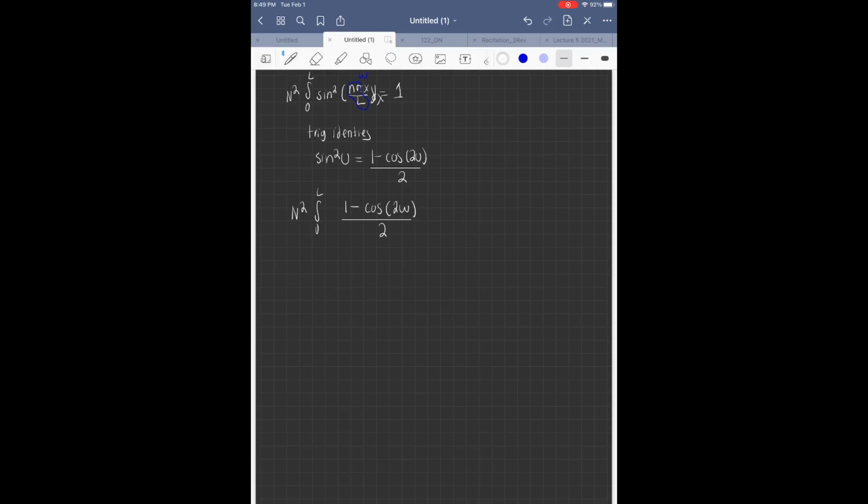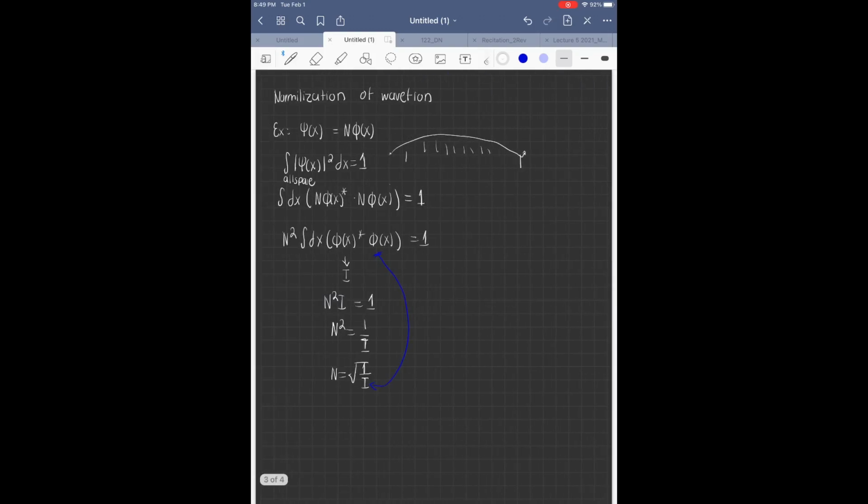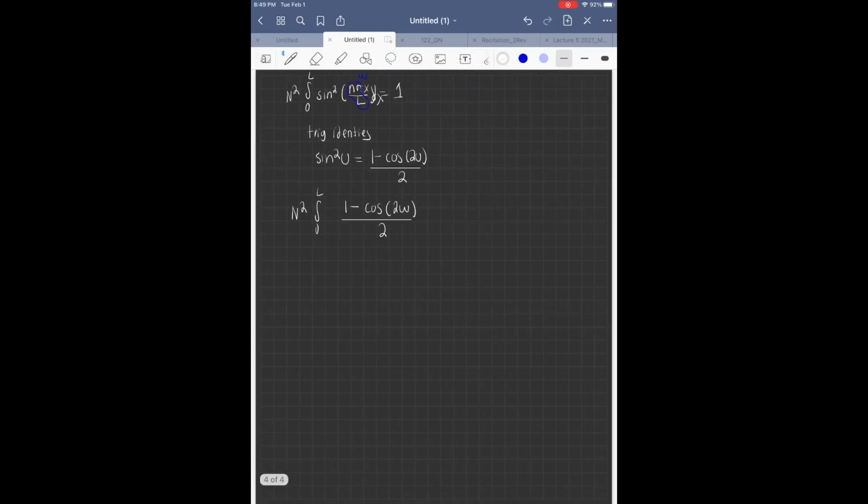I also want to mention this is the result of squaring the wave function, so you guys don't get confused about that. Because of the squaring of the wave function, sine times sine, n times n equals n squared.